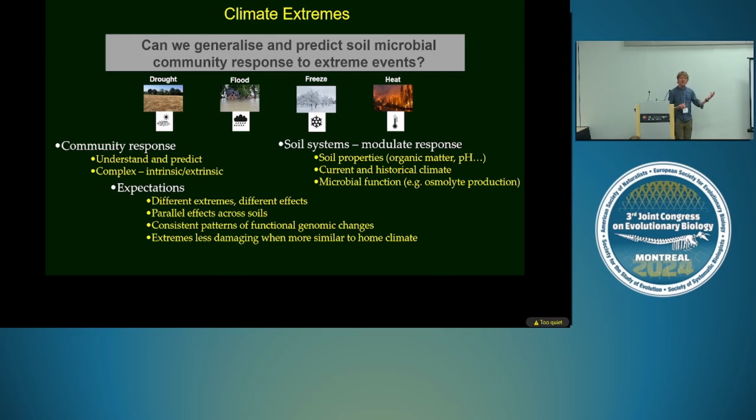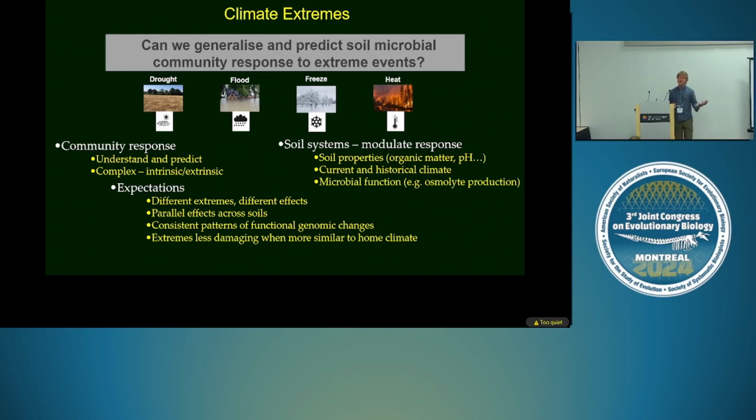Therefore we might expect to see parallel effects across different soils from different parts of a continent, where we can say this is that core response. But we also want to see how that affects function and think about those functional genomic changes.